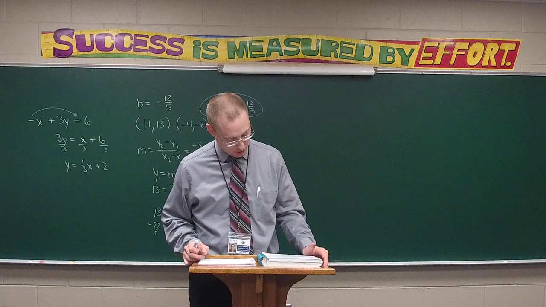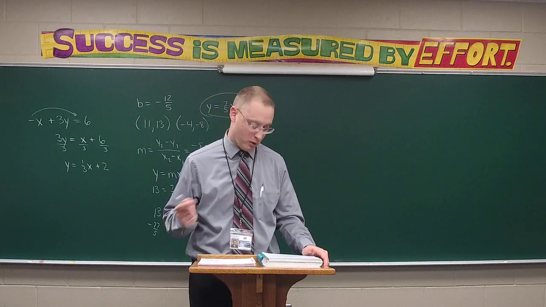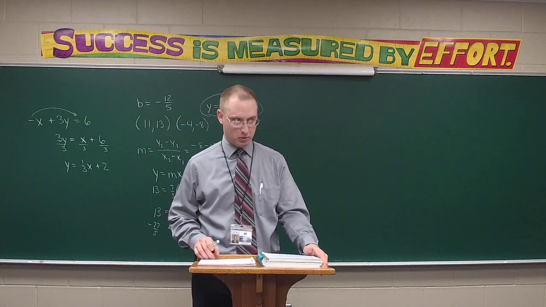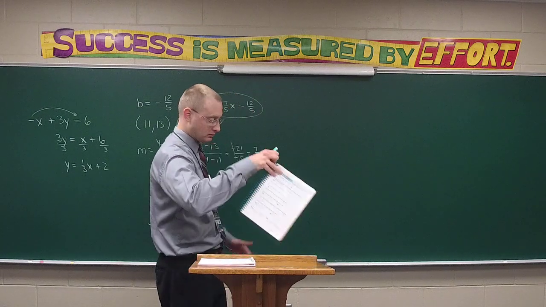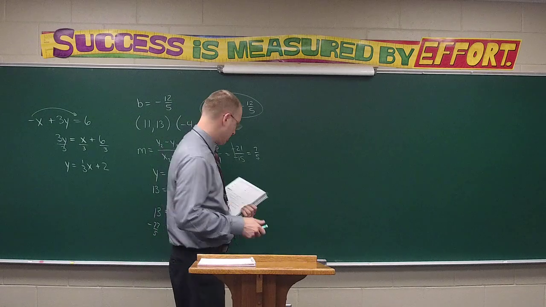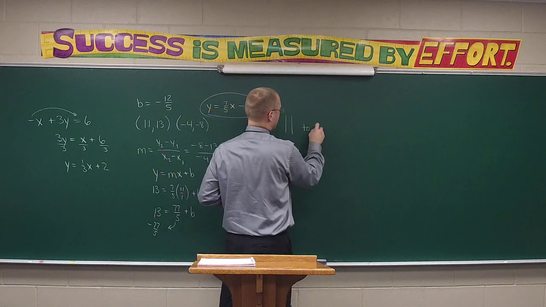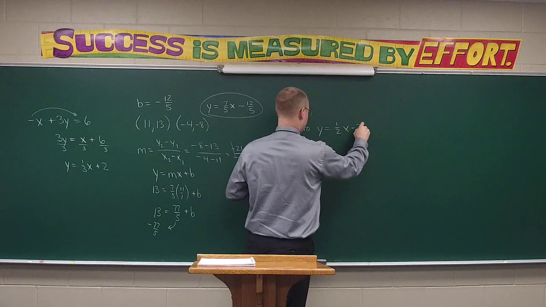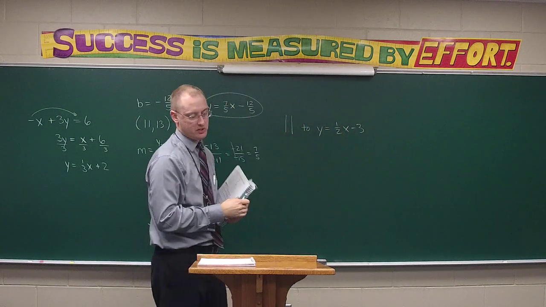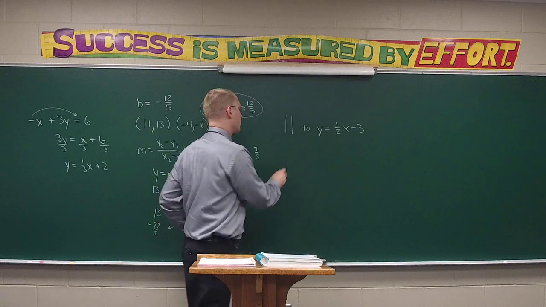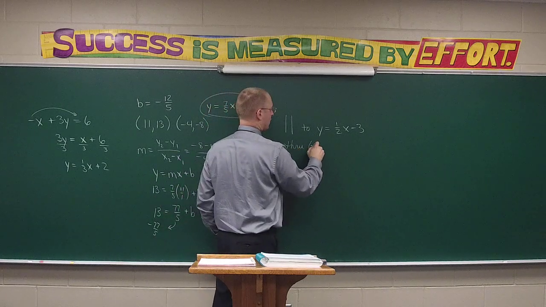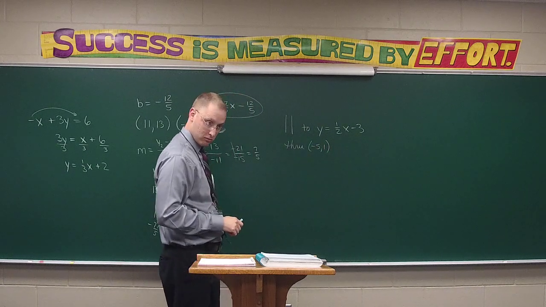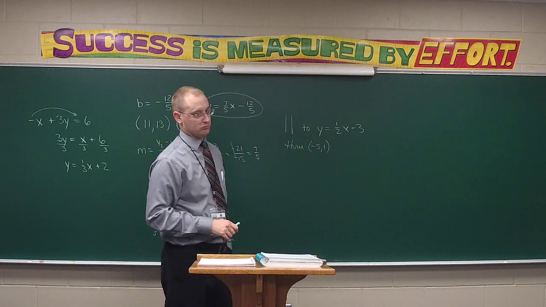Number 8. We want the equation of a line parallel to the one they gave you in number 8 that happens to go through (negative 5, 1). Talk me through this one, Genesis. If it's parallel to this line, what does that mean? The slope is 1/2.